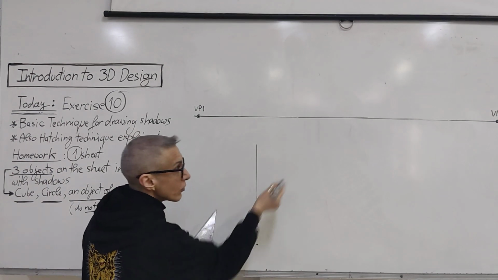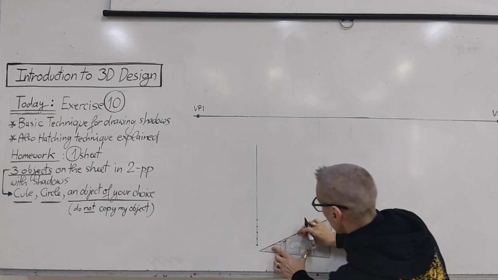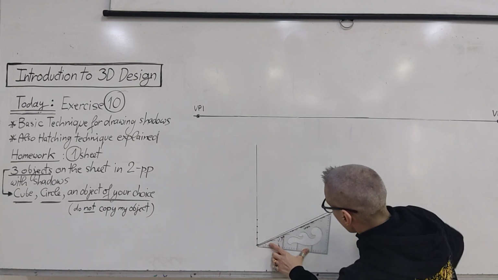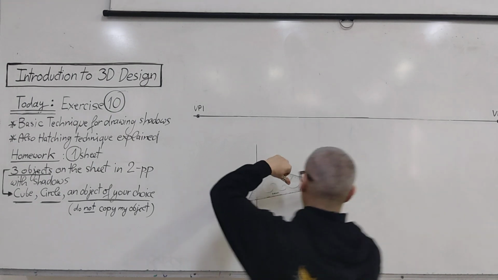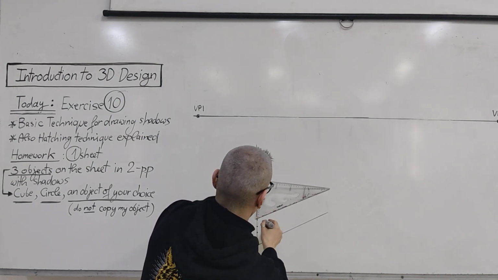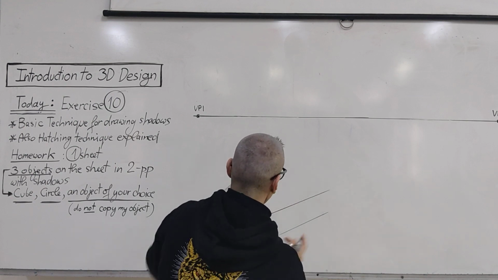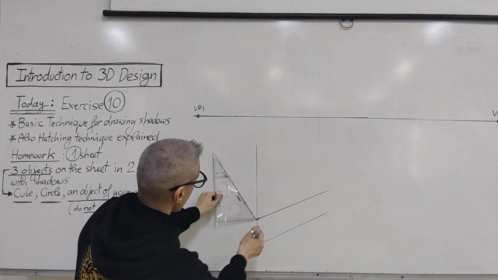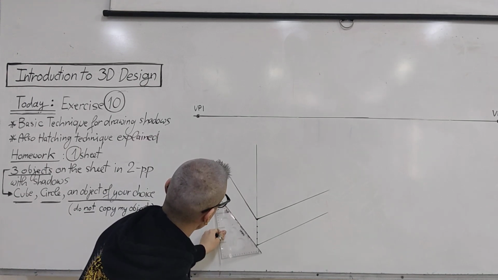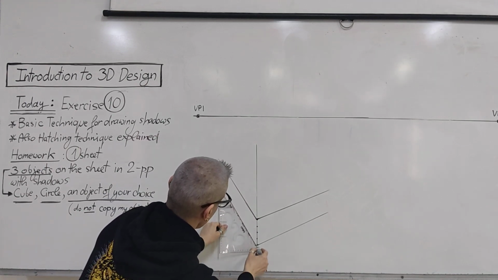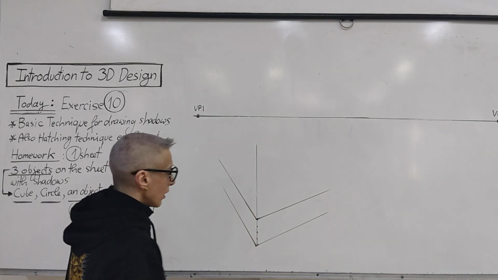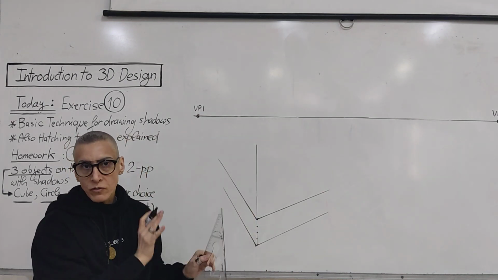Now, we will take this point and this point to the vanishing points, and to the other vanishing point. Now, this is a sketching method.